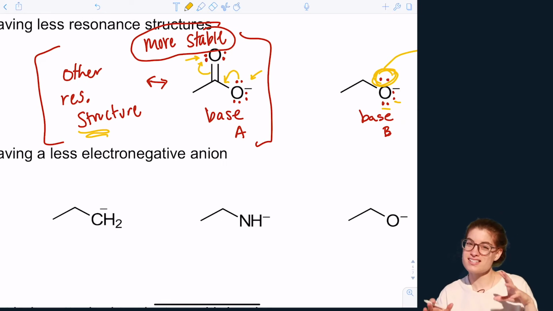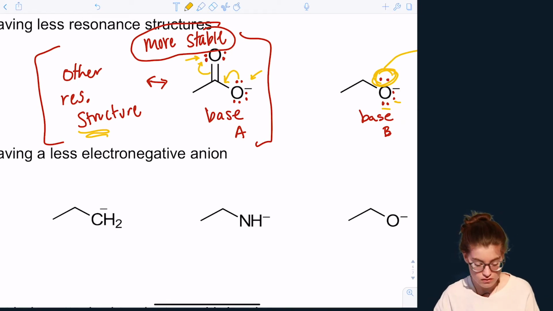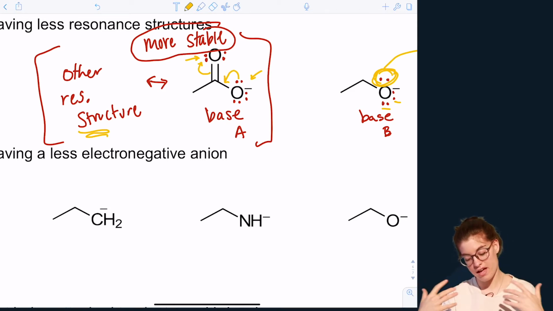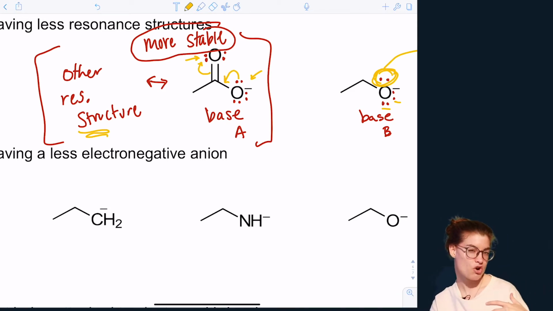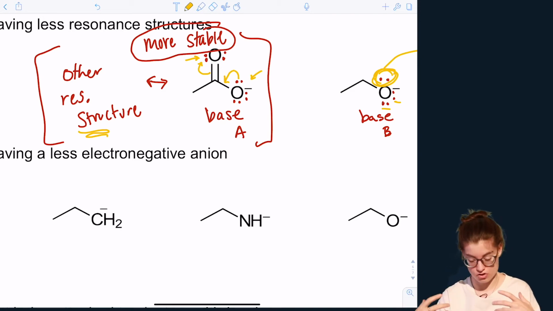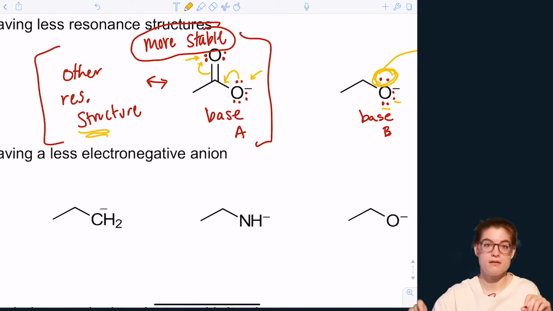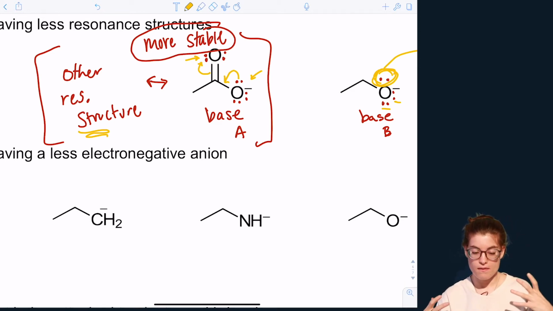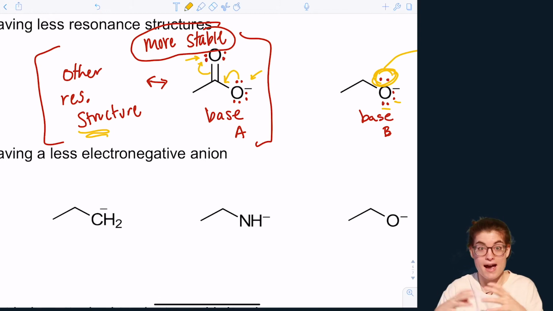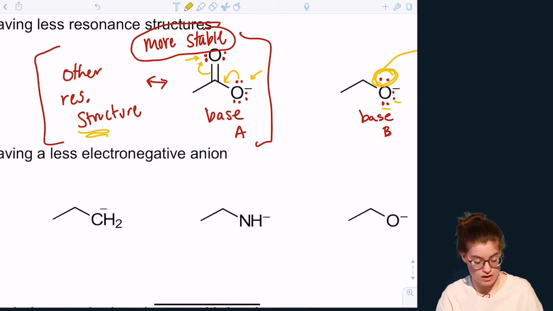But remember, technically, only the hybrid exists. So really, you kind of have half of a negative charge, if you will, on both oxygens, okay? And because those lone pairs are being delocalized between both oxygens, they aren't able to kind of mount an attack on a proton because they aren't localized to one spot, okay?